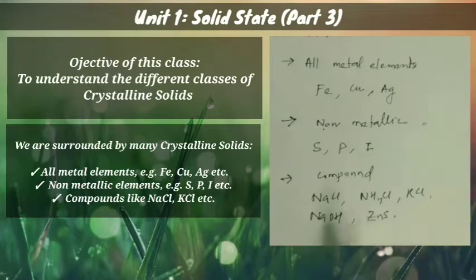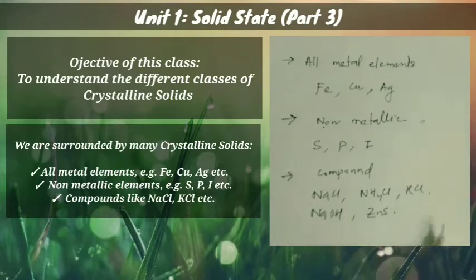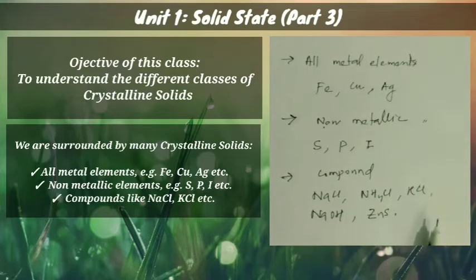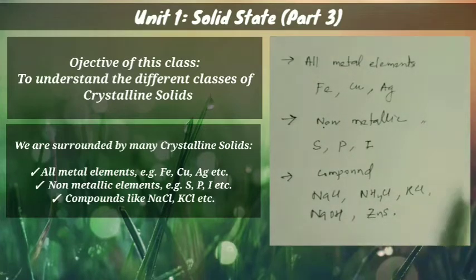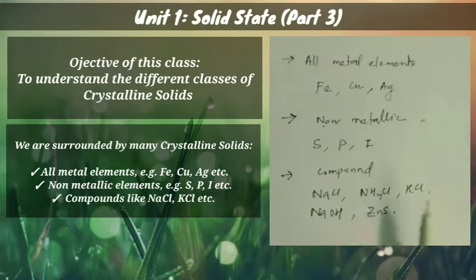Since a huge amount of crystalline solids are observed in nature, we have to divide or classify them into some subdivisions to understand them properly, because it is not possible to study each and every solid. If we classify them into subclasses, then each subclass will exhibit similar properties.